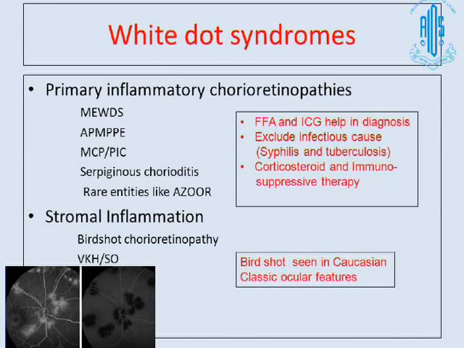We have to rule out TB and syphilis in these patients. As you have seen, lots of serpiginous choroiditis patients can present like TB, and multifocal choroiditis can be due to tuberculosis. The other is the stromal inflammation in birdshot and VKH.